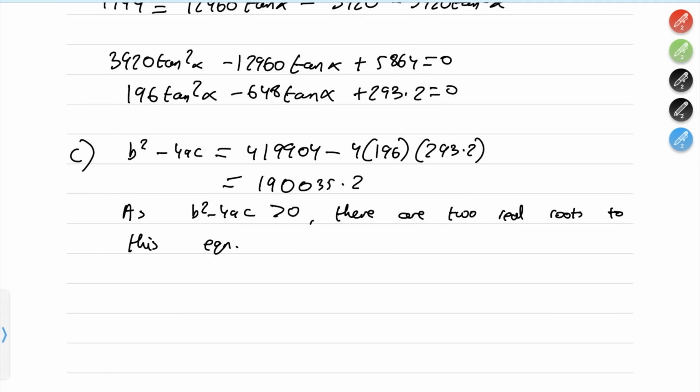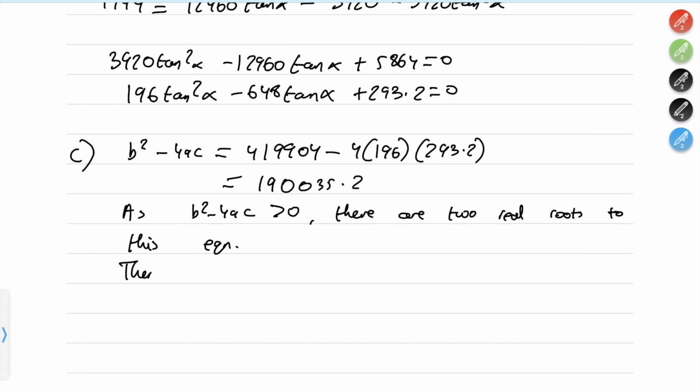I'm going to store both of my answers, and I'm going to take the tan inverse of both of them. So if I take the tan inverse of A, I get 70 degrees. Tan inverse of B, I get 28 degrees. So I can clearly see that it is possible. So there are two real roots to this equation.